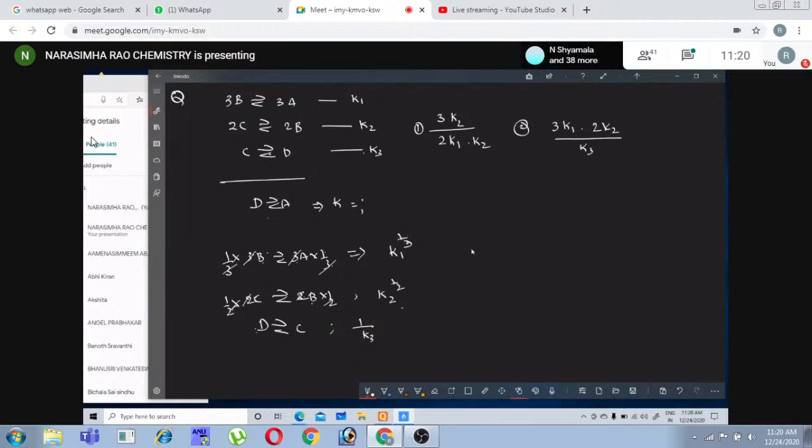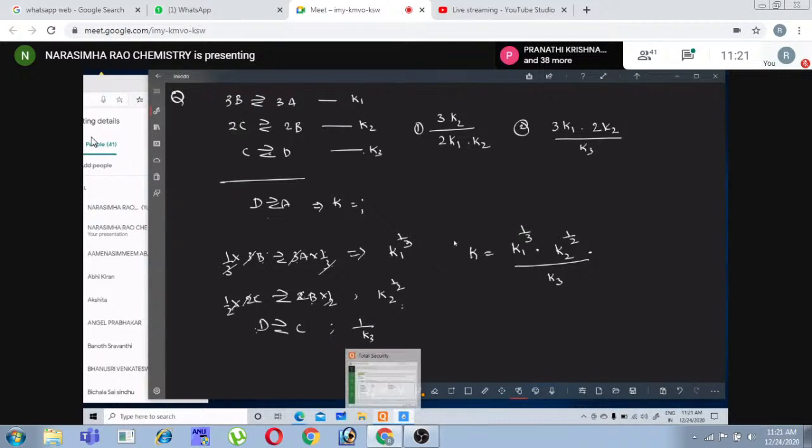Now K is equal to K1 whole power 1/3 into K2 whole power 1/2 into, by K3. This is my answer.